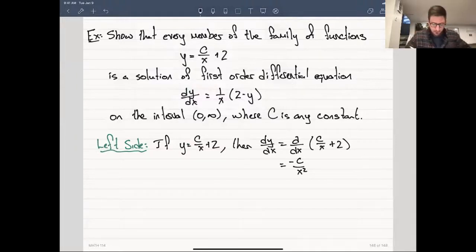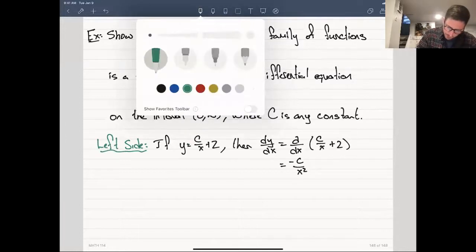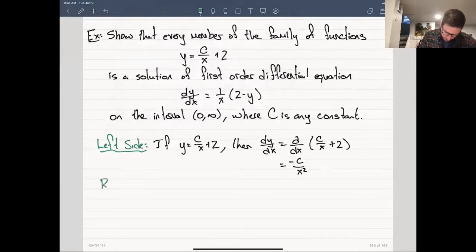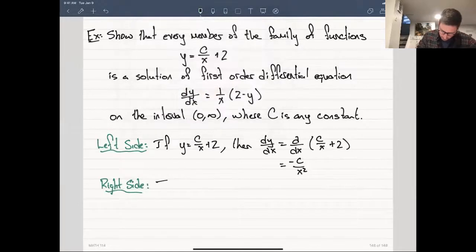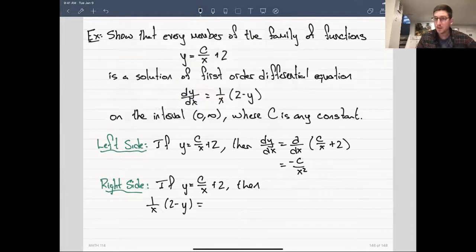Okay, then let's turn to the right side now. And on the right side, if y is equal to c over x plus 2, then the right-hand side was 1 over x times 2 minus y. Let's plug in for the function y of x.